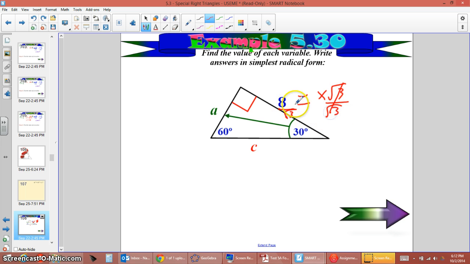That gets rid of it here, and I'm left with 8 over root 3. Well, that's not allowed, so I multiply it by root 3 over root 3. Marker's being weird. That crosses out the bottom and leaves a 3 on the bottom. And then on top, I'm left with 8 root 3. Now, I would normally reduce my fraction, but I can't because it's an 8 and a 3.